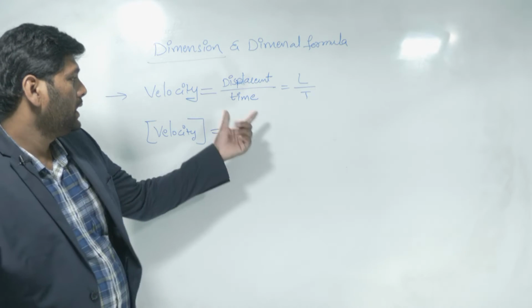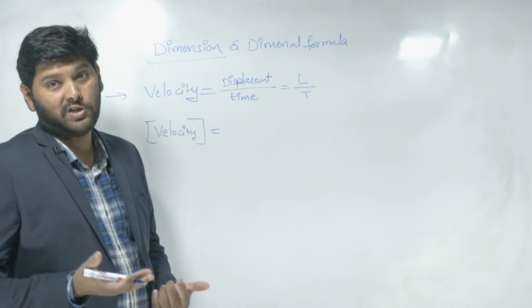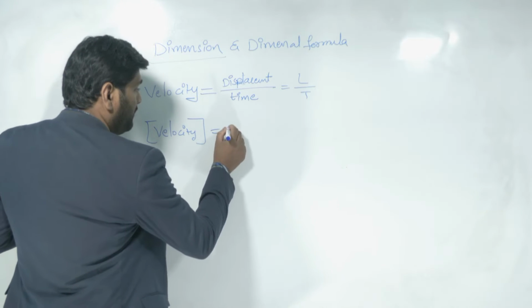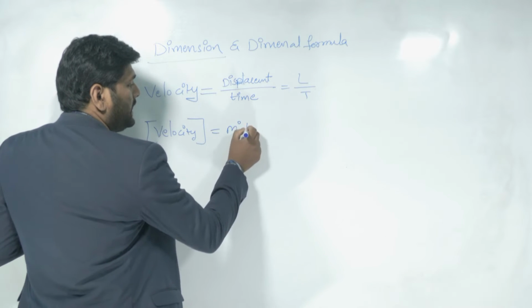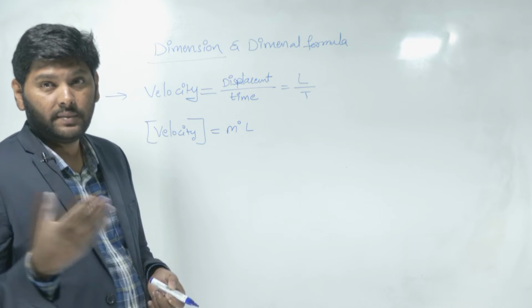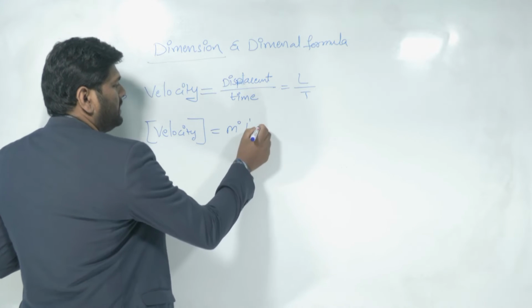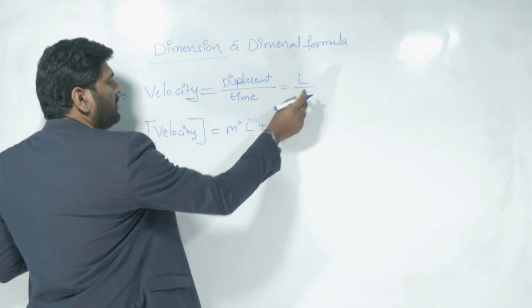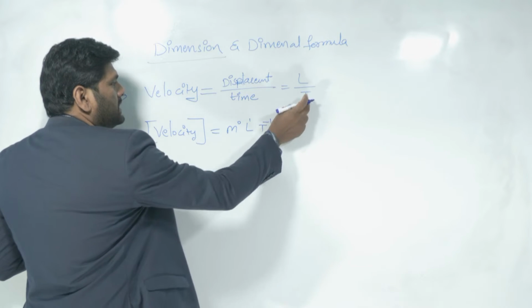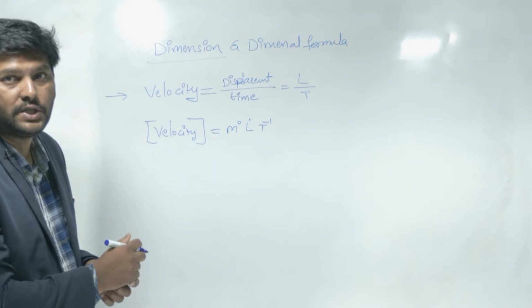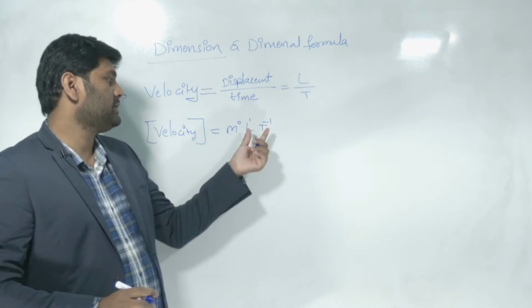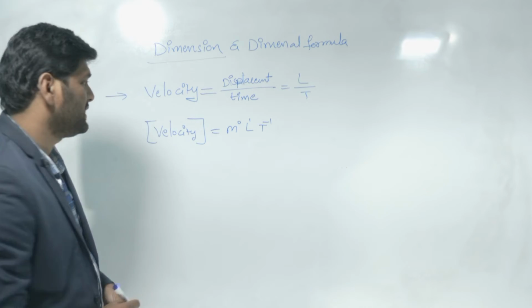So now you can write the dimensional equation as velocity is equal to, is there any mass contribution? No mass contribution, so you can take M power 0. Is there any length contribution? Yes, in the velocity we have a length contribution as 1, and time contribution is how much? It is in the denominator. When you bring it to the numerator, it becomes minus 1.